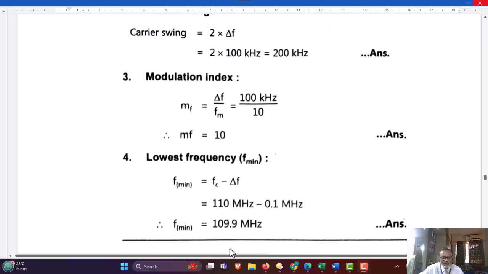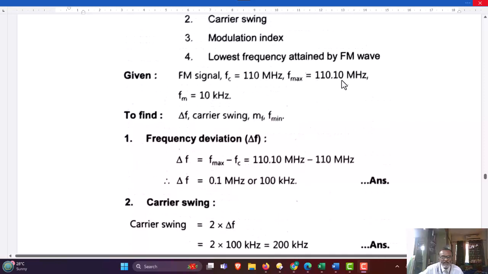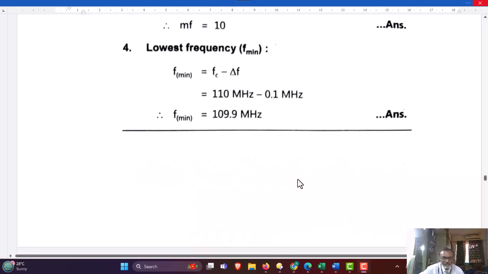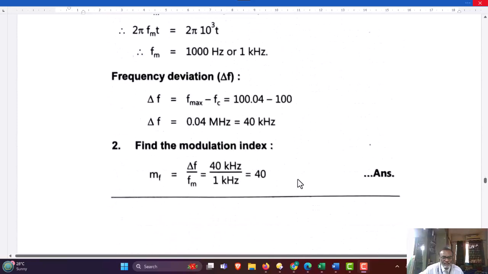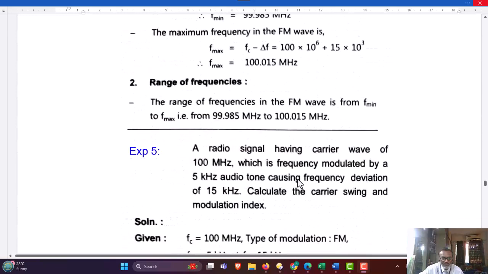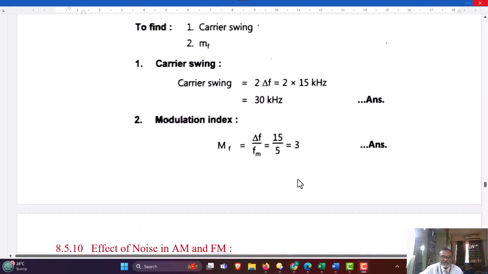So this signal is varying from 109.9 megahertz to 110.1 megahertz when the modulating signal is changing its amplitude from maximum to minimum. And that's all, friends. There are various additional examples shown here. They are alternatively asking the same thing again and again. So you can solve these examples for practice.